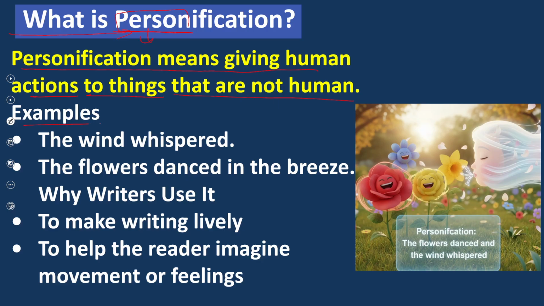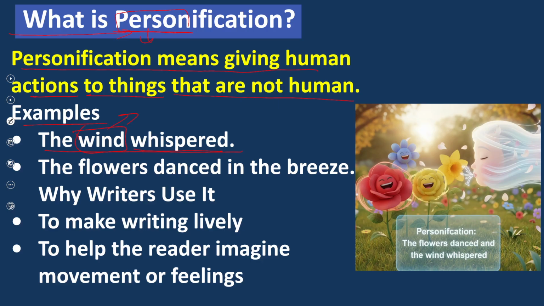Yes, examples. You have to look at the examples. The wind whispered. A very interesting and clarifying statement is before us. The wind, you know very well, is not a living thing, but whispering is done by a living thing. Yes, by humans.